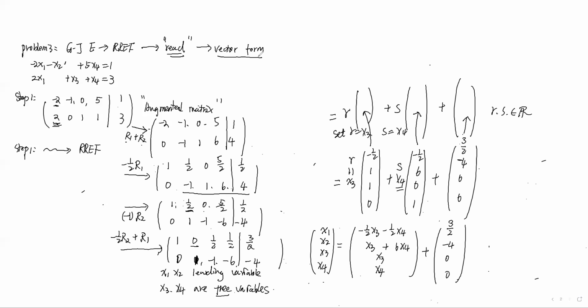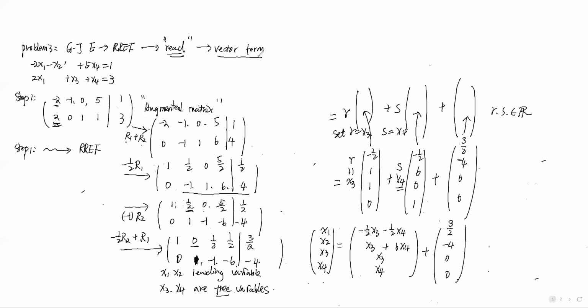So for these two problems, you can say the solution is non-unique, meaning you have many solutions, right? But we know for some cases, the solution is unique.